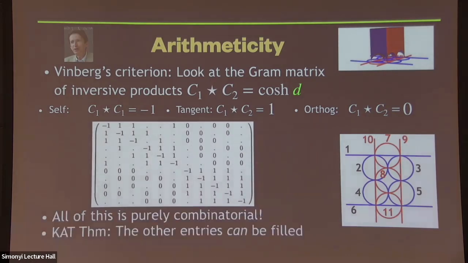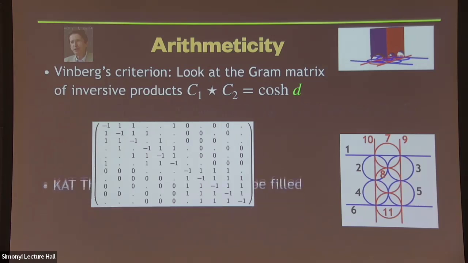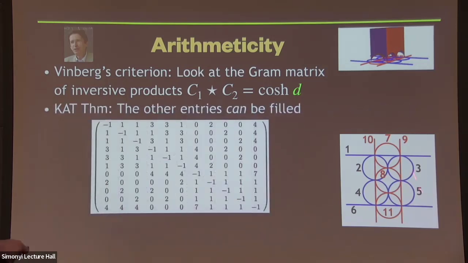And so here comes the Koebe-Andreev-Thurston theorem. It's that all of the other unknown dots can be filled in. There is some realization of these spheres so that all these other dots can be filled in. The question is, what are they filled in with? What goes there? In the case of this triangular bipyramid, they're filled in with 3s, 4s, 2s, and 7s. Now this is weird.